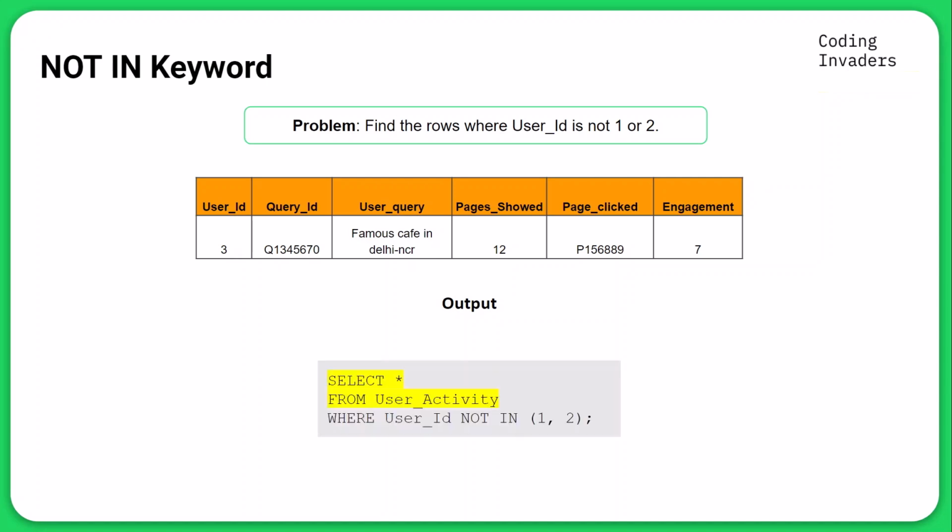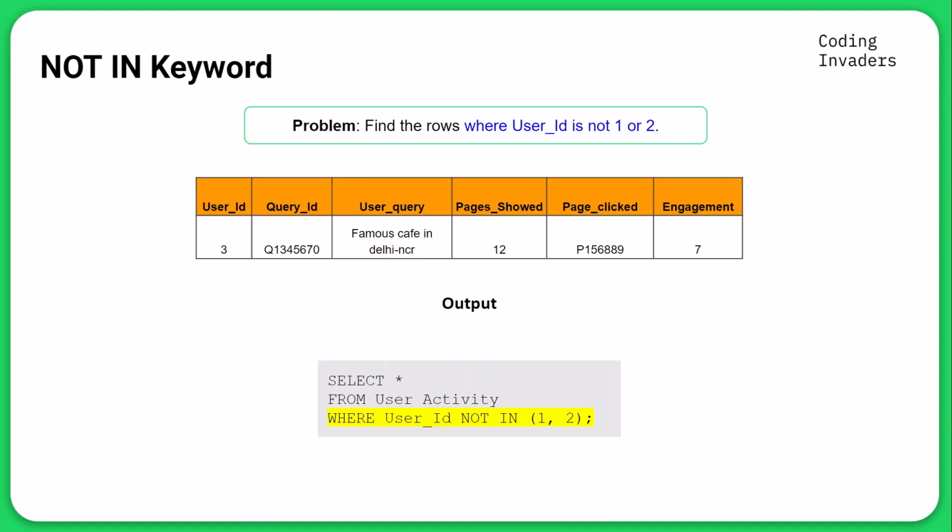So here's the code. If you look at the syntax, you will see that first we are selecting all the columns from user activity, that is select star from user activity. According to the problem, we need to only consider the user IDs which are not 1 or 2. So apart from user ID 1 or 2, all the user IDs should be considered.